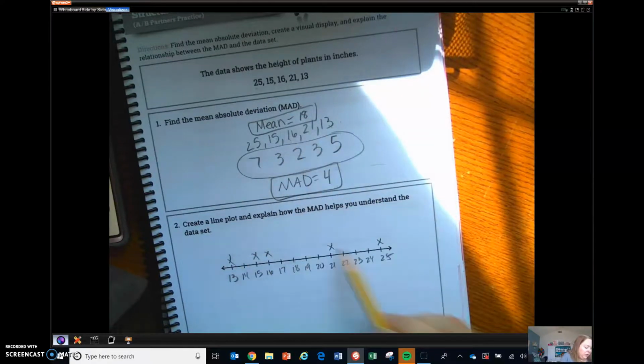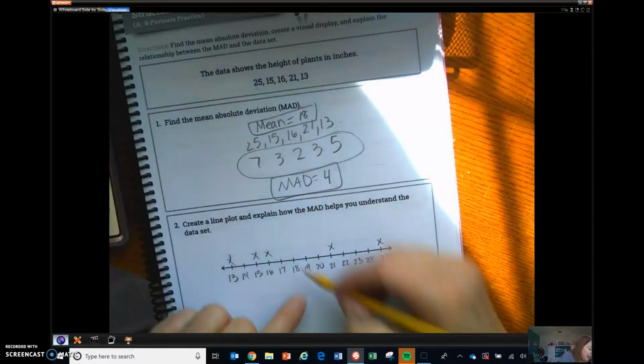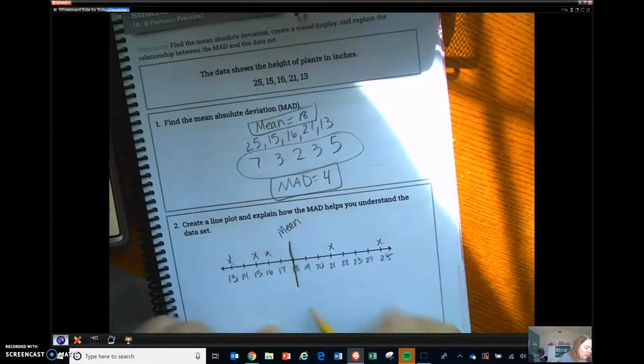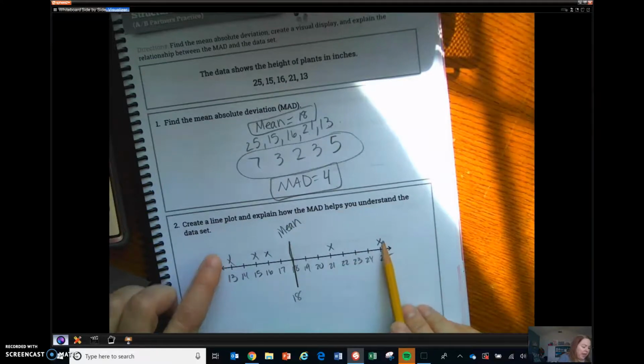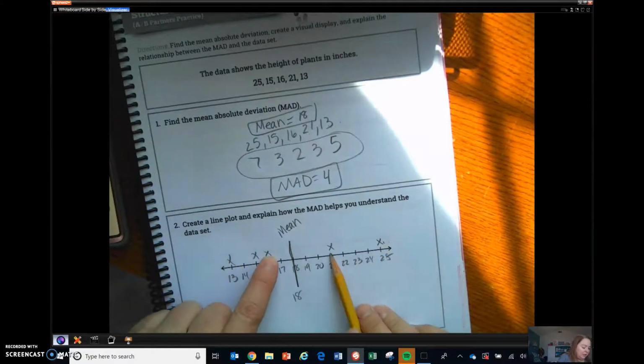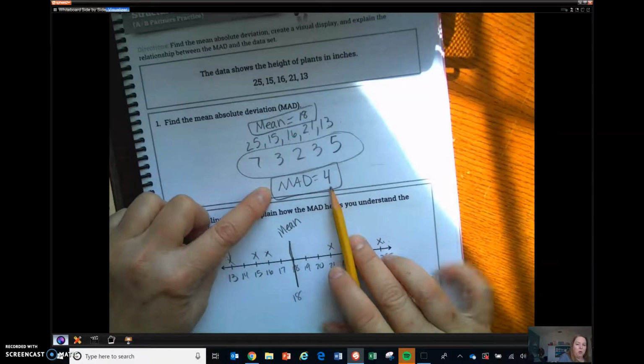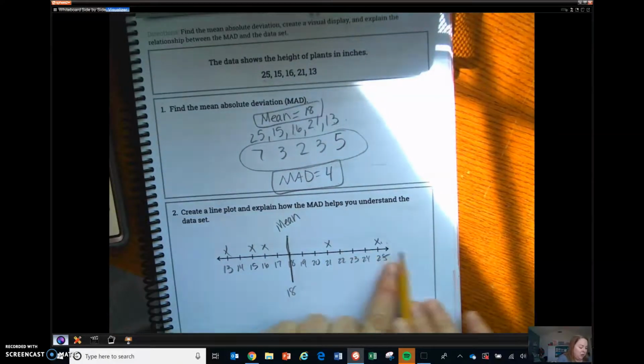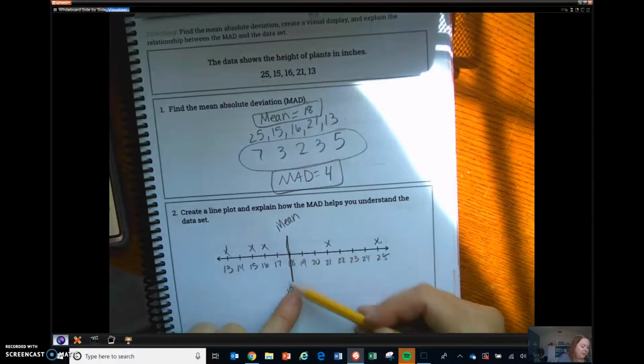The mean is right here. That means this is the average. But for the data points, there is going to be a difference of 4 back and forth from the 18.